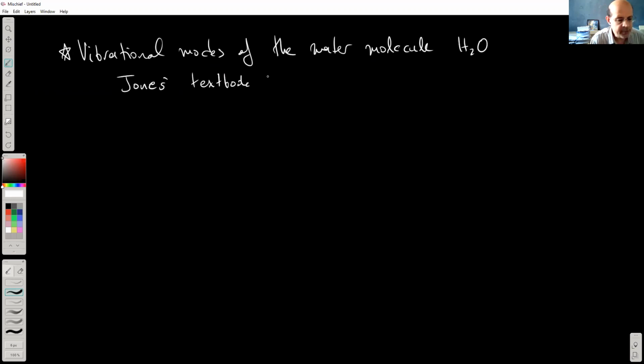So, since I like this example a lot, because this is actually a physical application of what we have learned so far on a concrete physical molecule, right? So as a result, in the past year, I have done this example completely, actually.